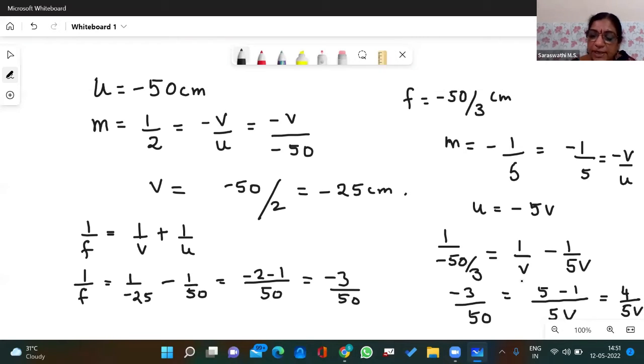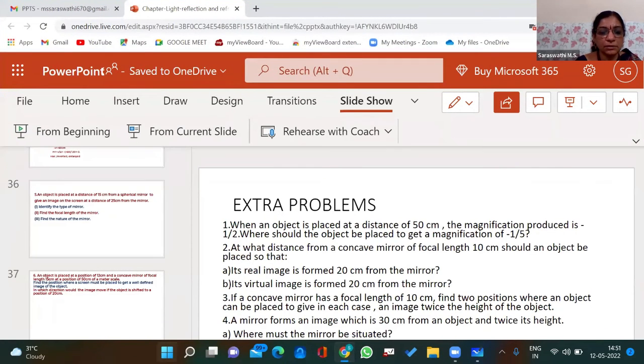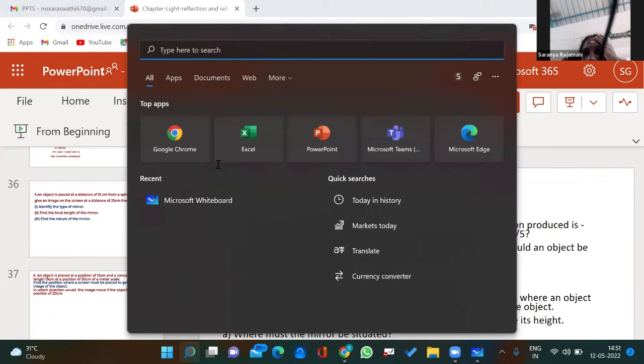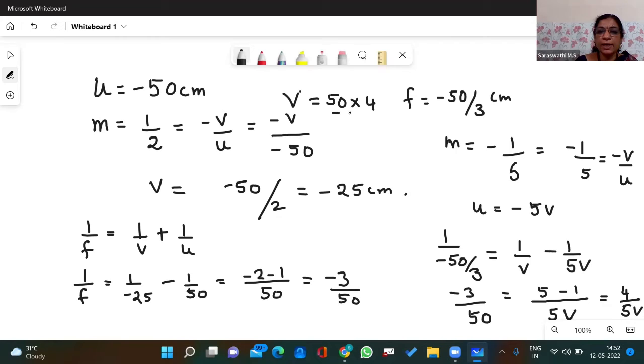When you cross multiply, you get v to be 50 into 4 by minus 3 into 5.